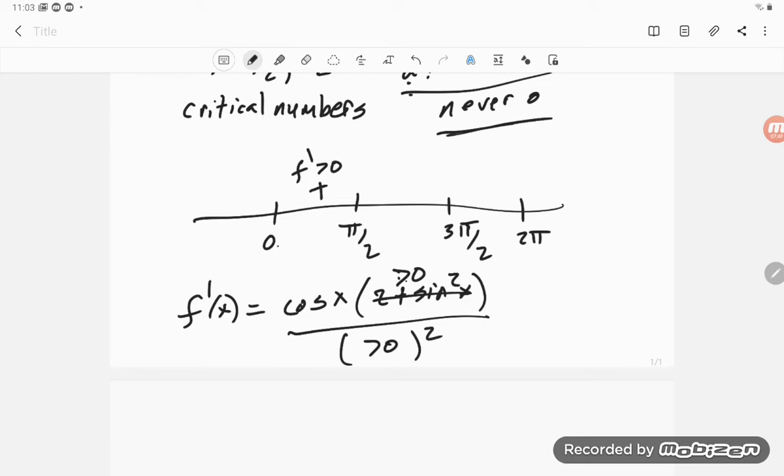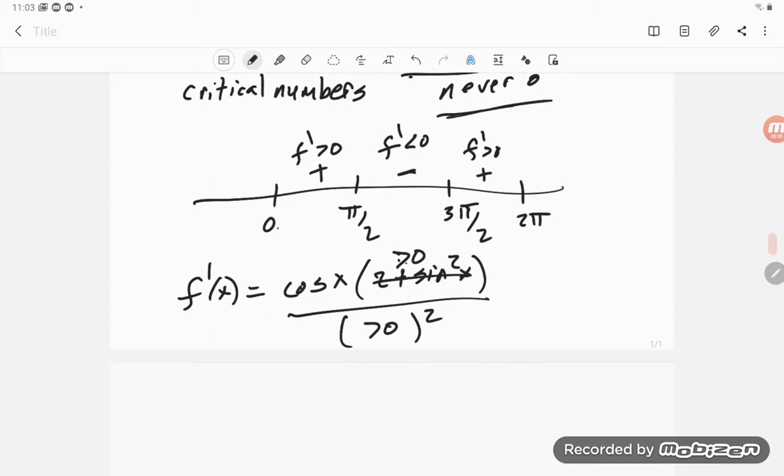Then between pi over 2 and 3 pi over 2, cosine is negative, and so f prime is going to be negative. And then between 3 pi over 2 and 2 pi, the cosine is positive again, so f prime is positive.